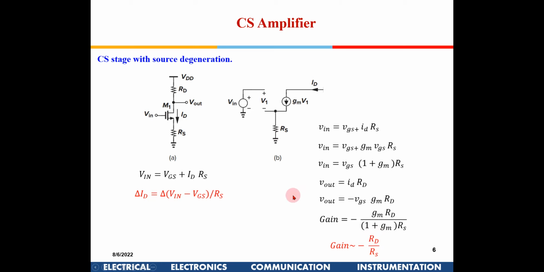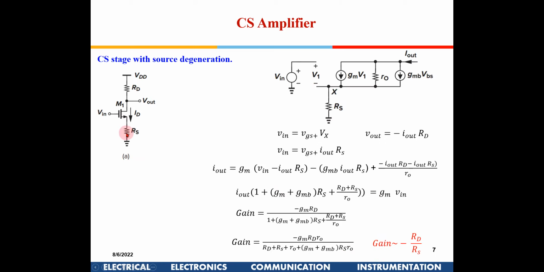Then we did this derivation where we also considered the body effect and R0. There are ample examples of such equivalent circuits and derivations given in your textbook for various circuits. I am not covering every circuit in the textbook, but from your examination point of view, just try to analyze those circuits and derivations. It will be important.